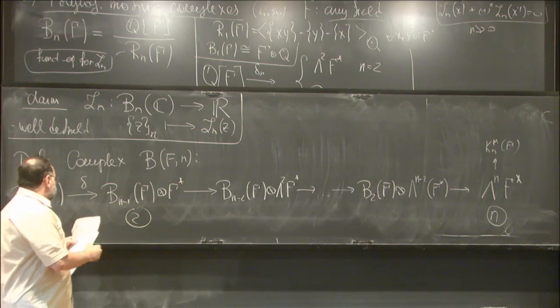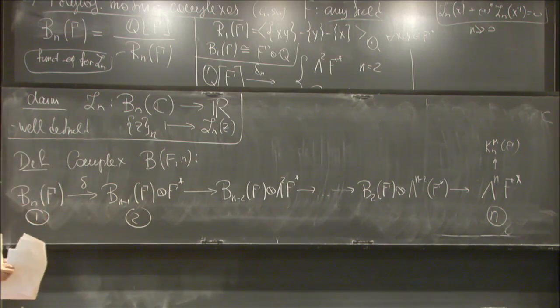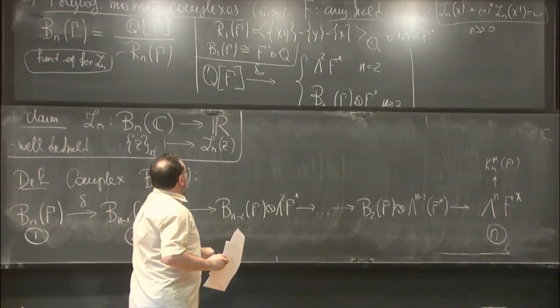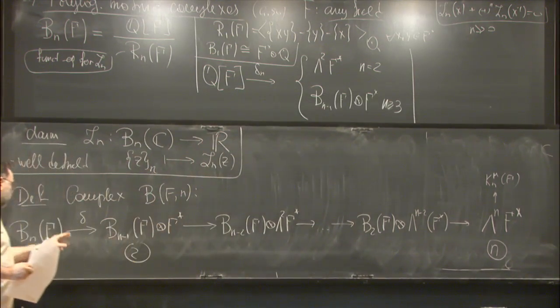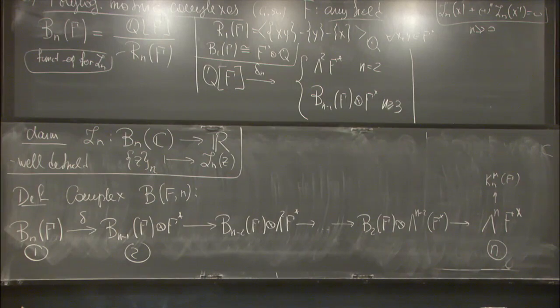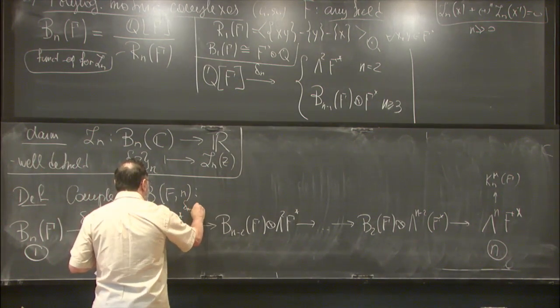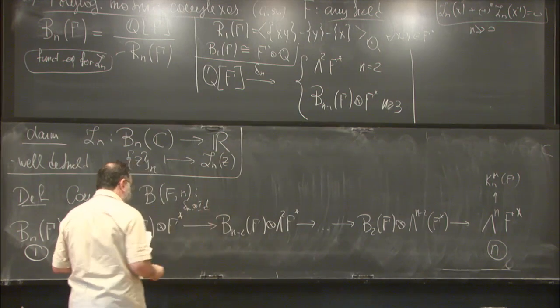Now, this map I already defined. It's written basically here. When n equals 2, it's slightly different. Just B2 goes to Lambda 2 of F star. And this one is just the previous one, tensor identity, and so on.